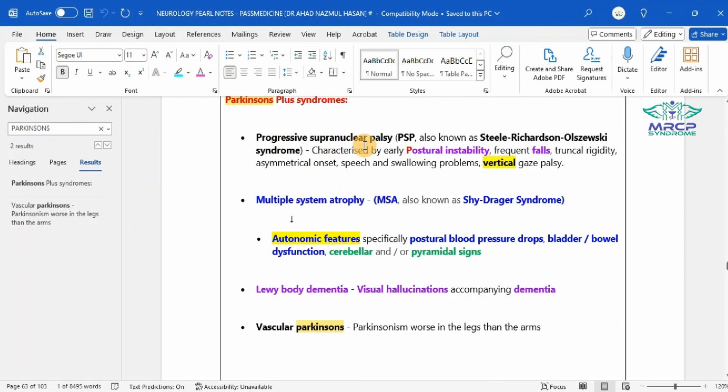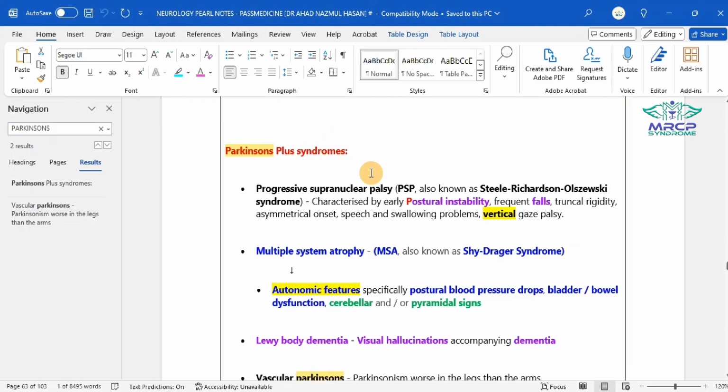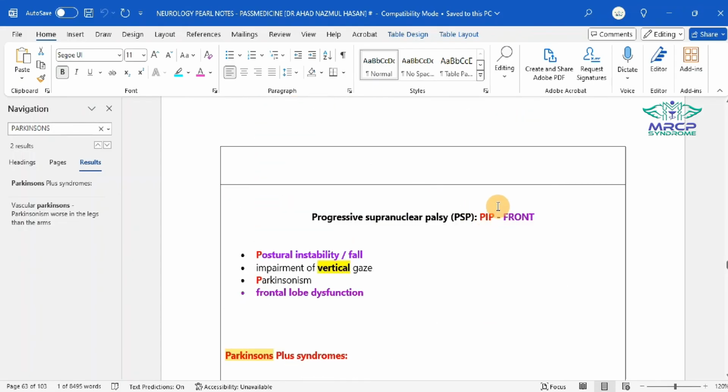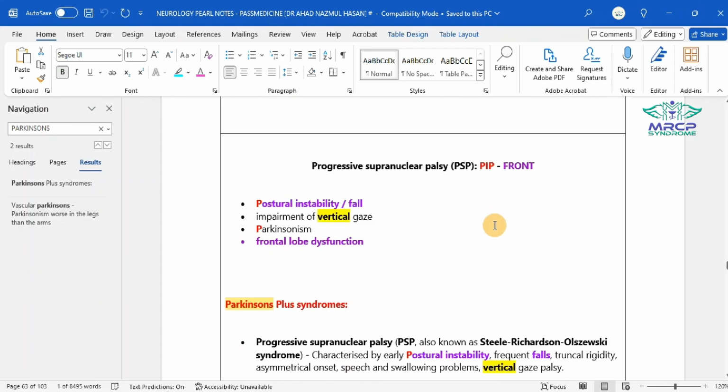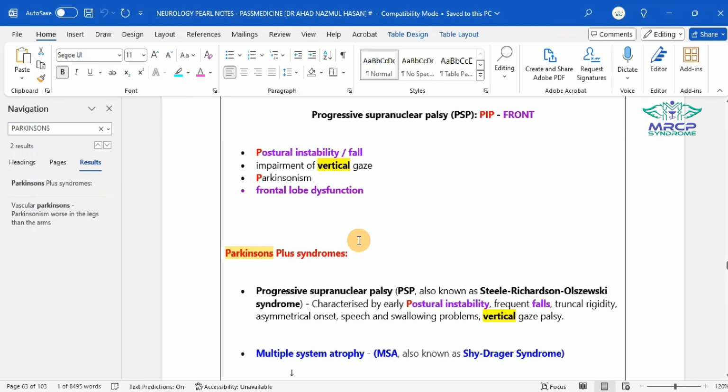So PSP will have two cardinal features: the presence of palsy, especially vertical gaze palsy, and postural instability. You can use the mnemonic PIP front for PSP or Steele-Richardson-Olszewski syndrome: postural instability, impairment of vertical gaze or vertical gaze palsy, Parkinsonism, and frontal lobe dysfunction.